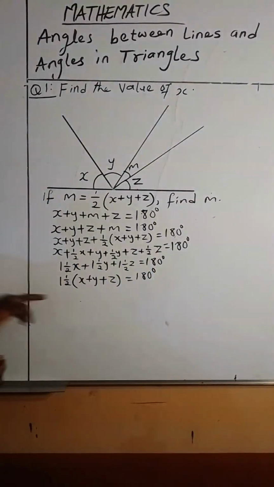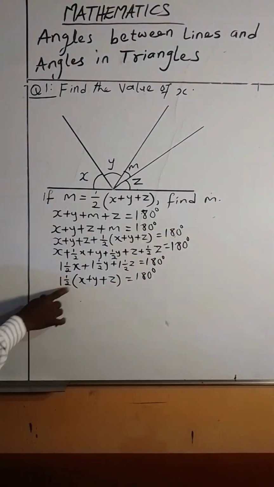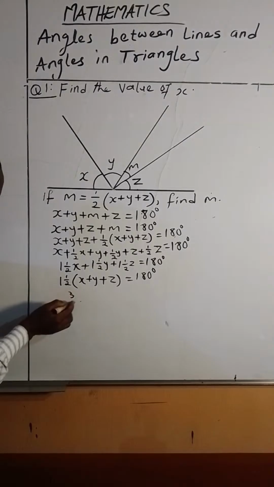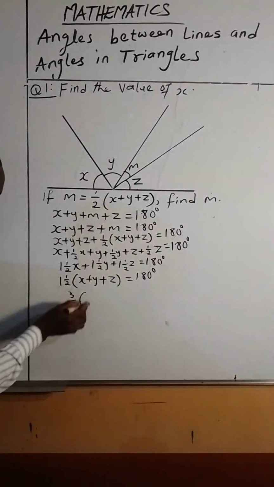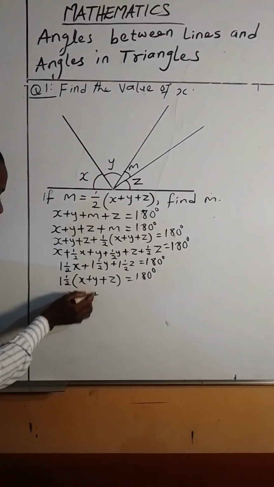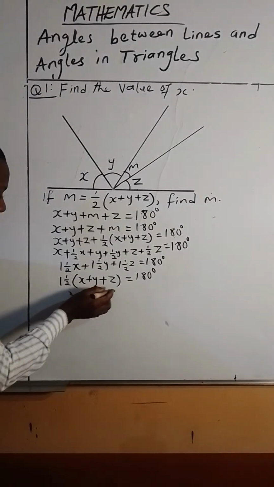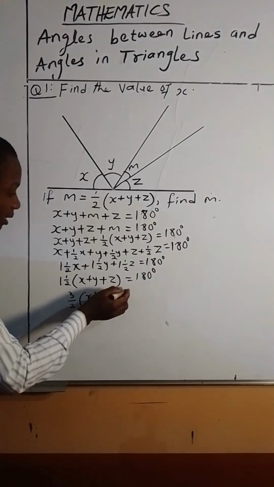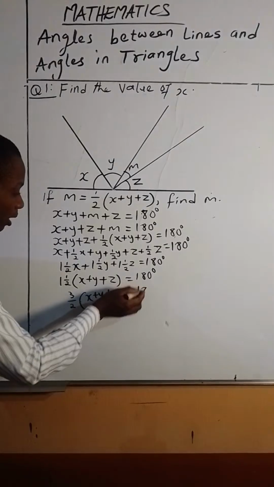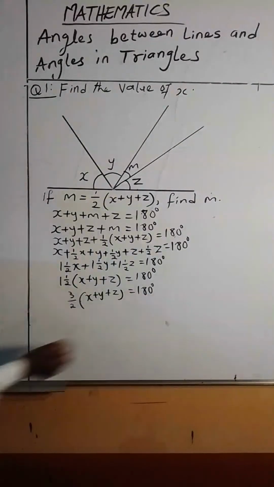Then we can divide both sides by 1 and a half, or we can transform it. 1 and a half is the same thing as 3/2, so 3/2 of x plus y plus z is equal to 180 degrees.